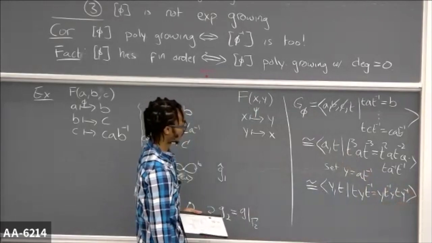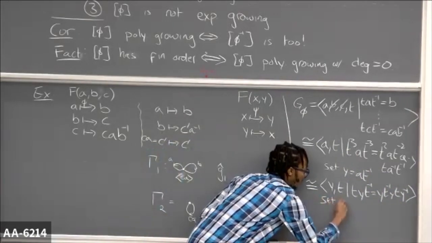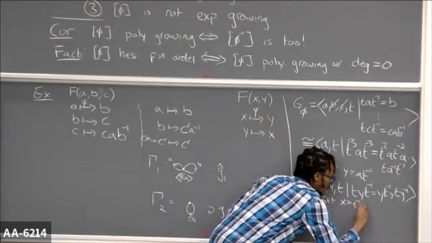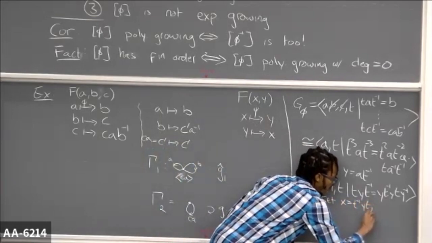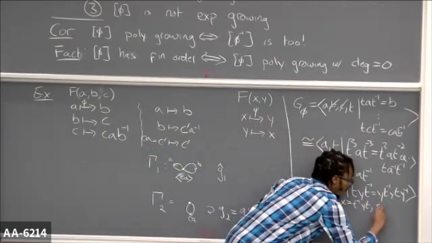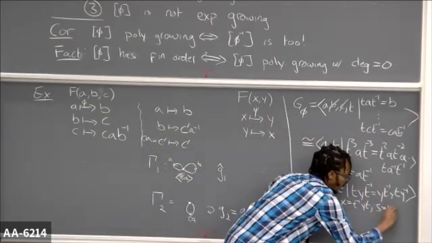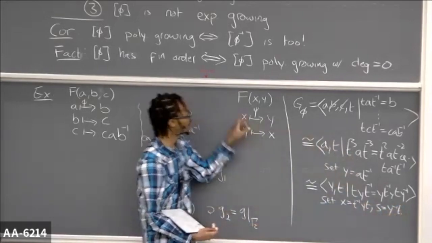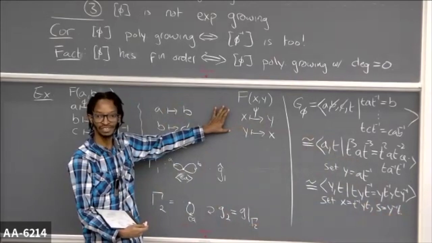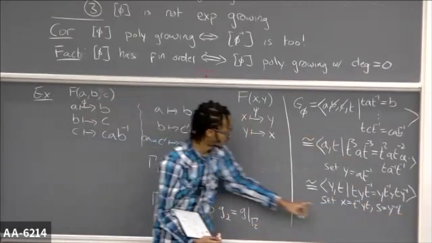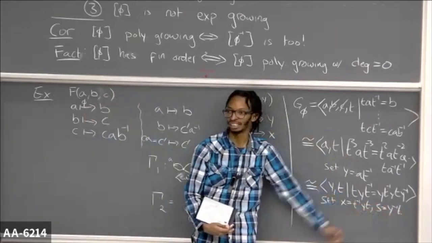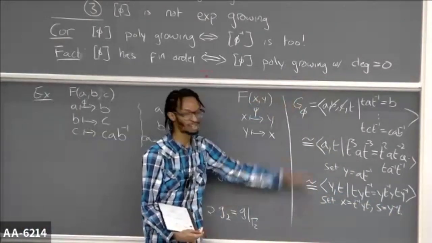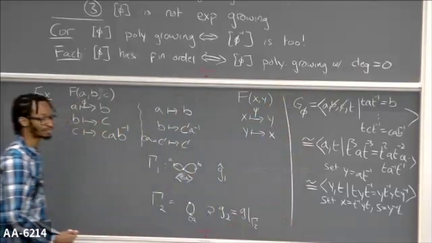What else do I want to change here? Set X equal to T inverse Y T, and S equal to Y inverse T, and you're going to get the presentation for the free bicyclic group of this, with S as your stable letter instead. So I'm not going to write out all the details, but this is going to be your isomorphism.